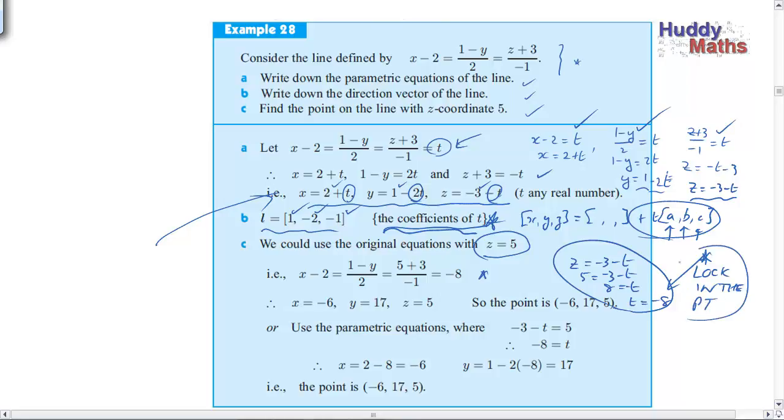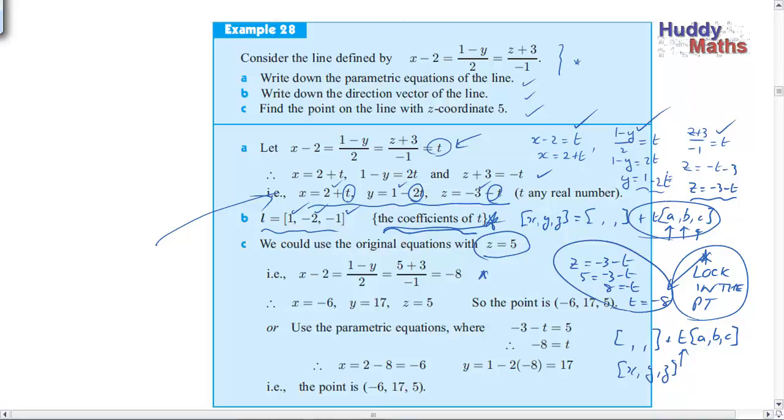Don't you? Because you're saying exactly how far along the line from the given point, the given vector, you're going to go. And once you say t is the value, then you're locking in a point. Fix that, and you've got x, y, and z fixed.